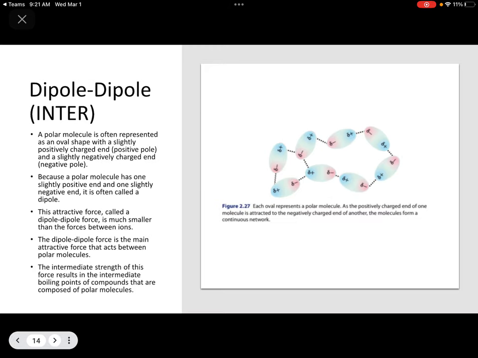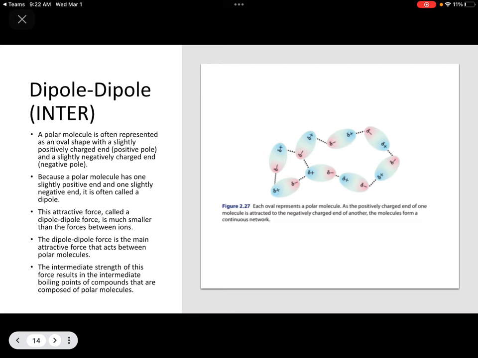Then we have our dipole-dipole. This is also intermolecular, so this is between our polar molecules. And this is usually represented by an oval shape that has one positively charged end and then a slightly negative charged end because of its dipoles. You can see the example there on the right. Because we have a polar molecule with a slightly positive end and the other slightly negative, it is known as a dipole because of that pole.